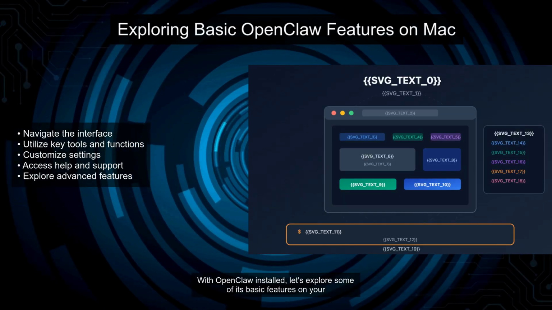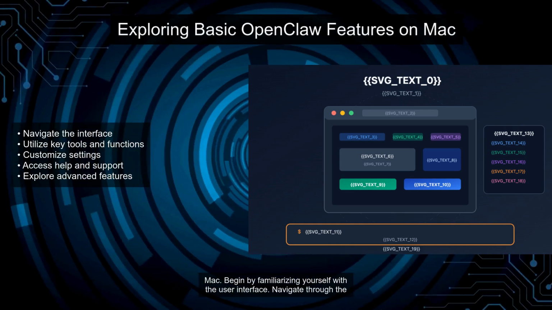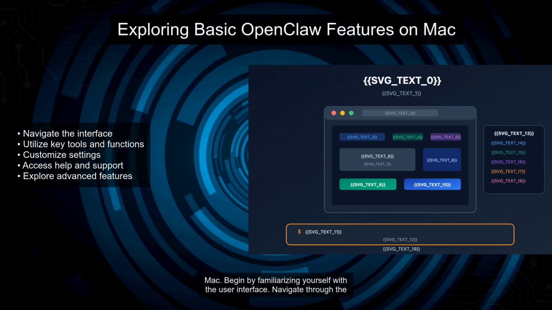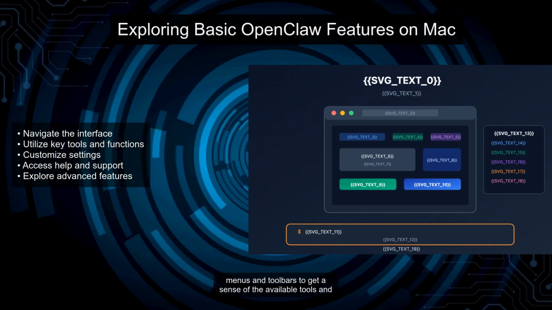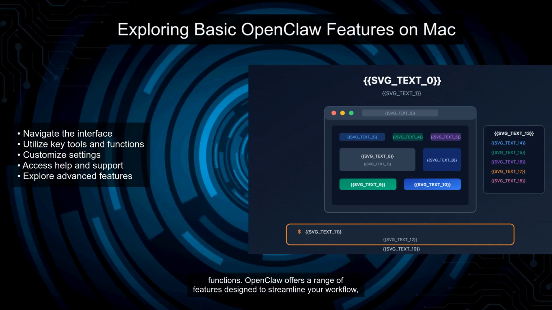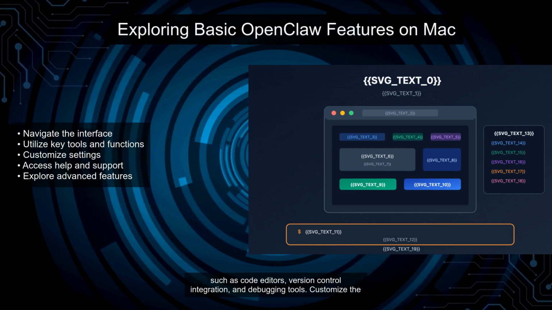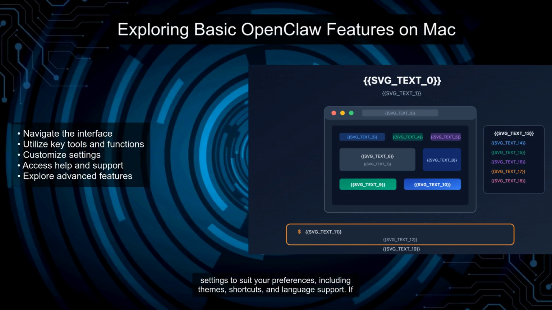With OpenClaw installed, let's explore some of its basic features on your Mac. Begin by familiarizing yourself with the user interface. Navigate through the menus and toolbars to get a sense of the available tools and functions. OpenClaw offers a range of features designed to streamline your workflow, such as code editors, version control integration, and debugging tools.